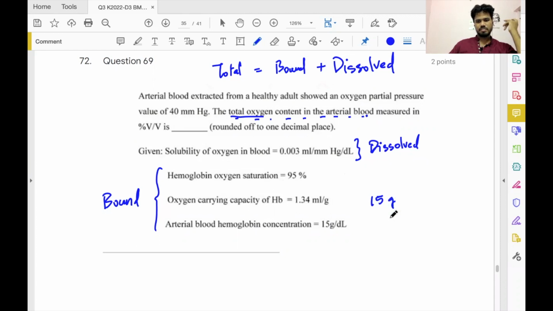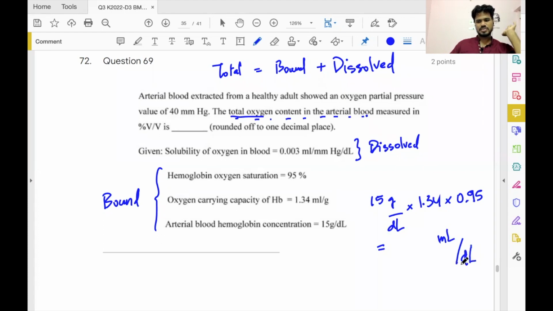15 gram per dl into 1.34 for each gram, with an efficiency or saturation of 95. So this is the bound part. What does this quickly boil down to? And this should be in ml per dl.